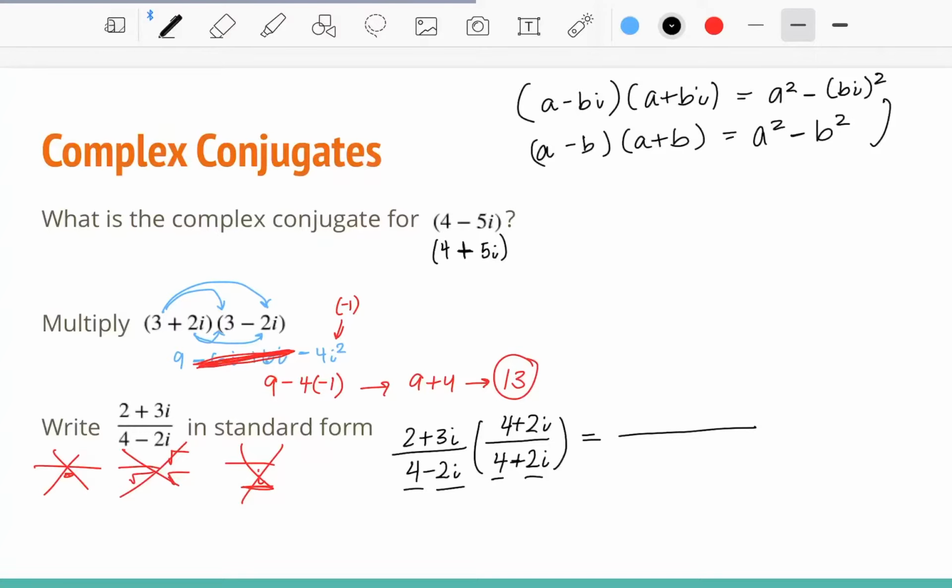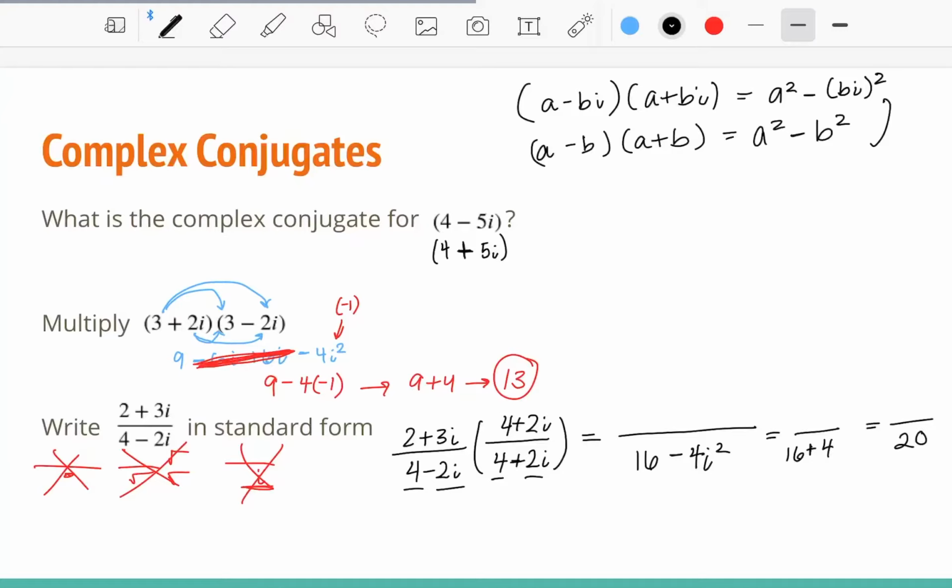Normally I would have to FOIL it, but this time I can use that shortcut. 4 times 4 gets me 16, minus 2i plus 2i gets me minus 4i squared. Okay, I can go ahead and just simplify the denominator first. I know that what I'm going to get is 16 minus 4 times negative 1 from that i squared, so it's going to get me 16 plus 4, which will get me 20.